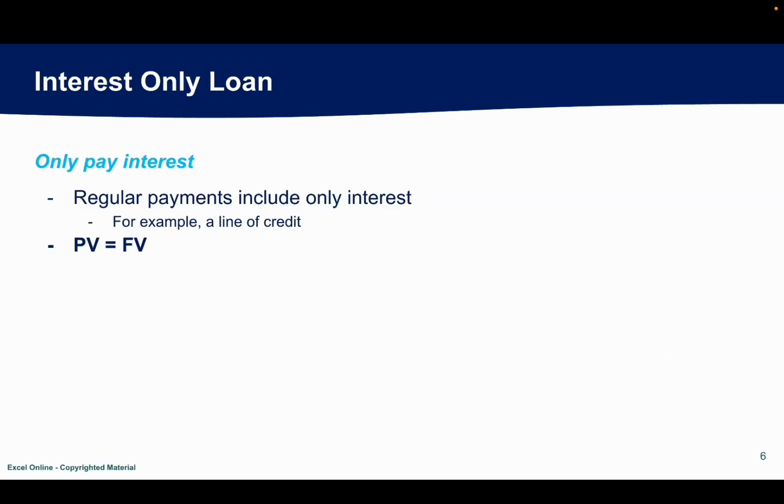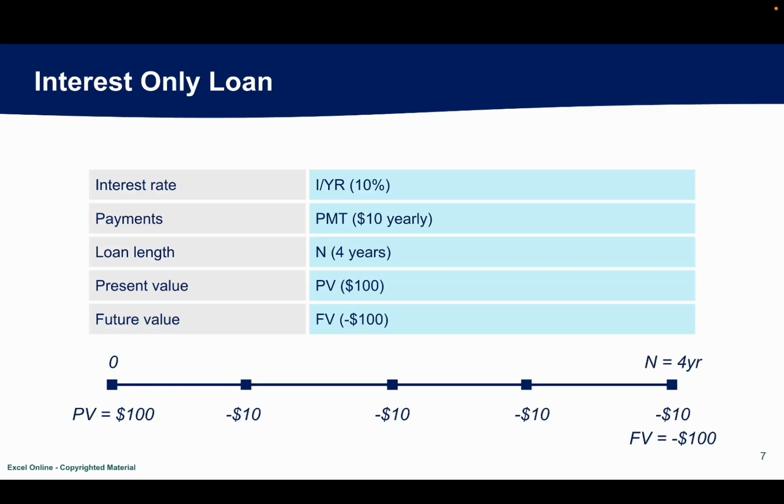Now, another type of loan is called an interest-only loan, sometimes described as an interest loan. This loan is the same as a line of credit, where one borrows money, then makes payments that go towards the interest only. Nothing goes towards the principal during the life of the loan. Therefore, the PV equals the FV. So how does an interest-only loan look?